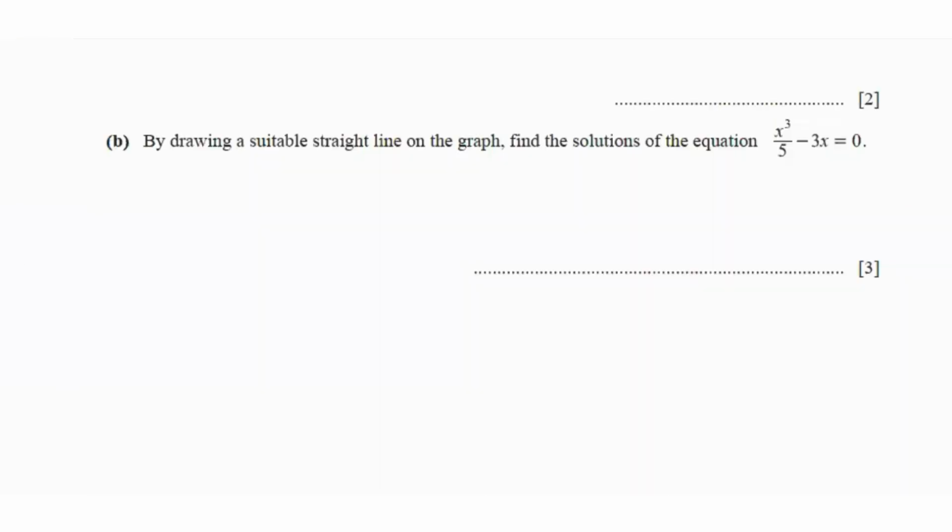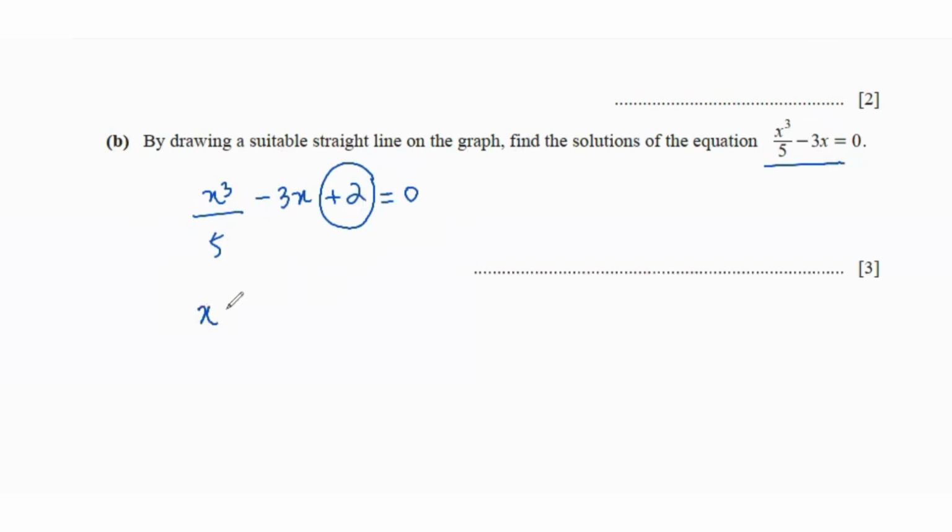By drawing a suitable line on the graph, find the solutions of the equation x cubed over 5 minus 3x equals 0. Originally our equation is x cubed over 5 minus 3x plus 2 equals 0. In order to make this equation equal to this, we need to get rid of the 2.